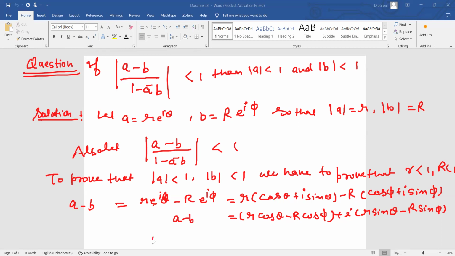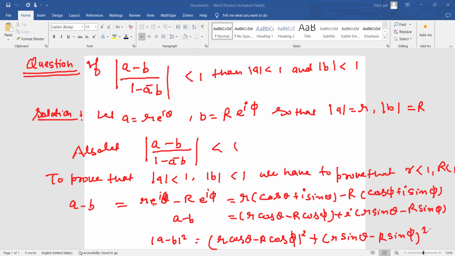So its modulus, a minus b whole square, will be r cos theta minus capital R cos phi whole square plus r sin theta minus capital R sin phi whole square. Okay, we can solve it.